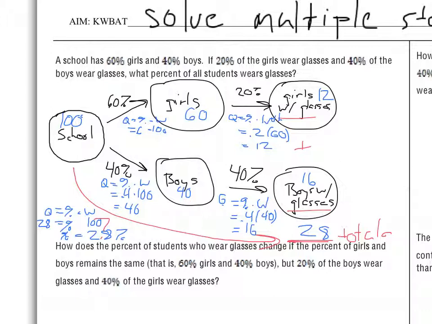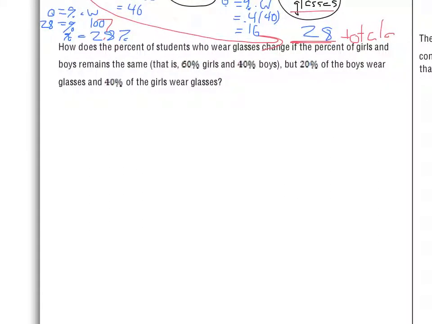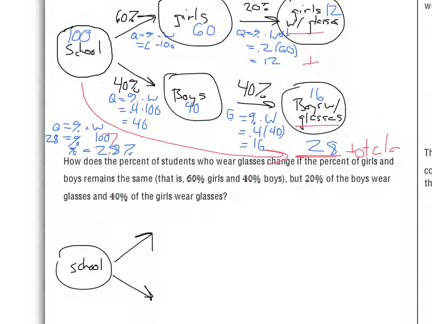All right, so how does the percent of students who wear glasses change if the percent of girls and boys remains the same? That is 60% girls and 40% boys, but 20% of the boys wear glasses and 40% of the girls. So thinking through our diagram, again, we're starting here with the whole school. We're still splitting boys and girls the same way we did before.